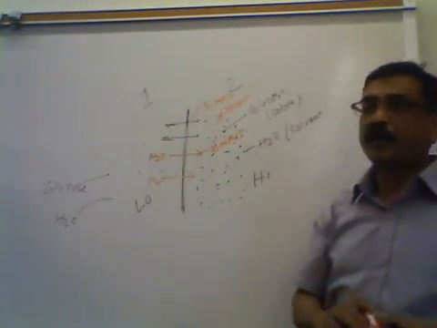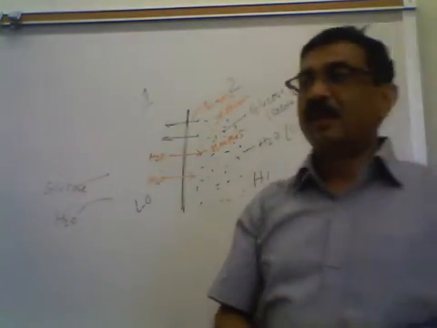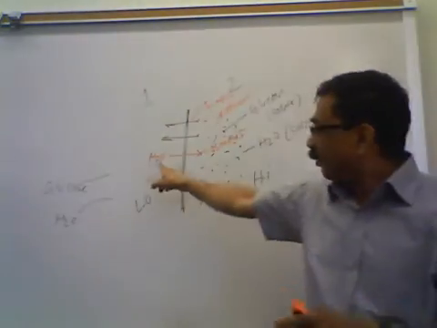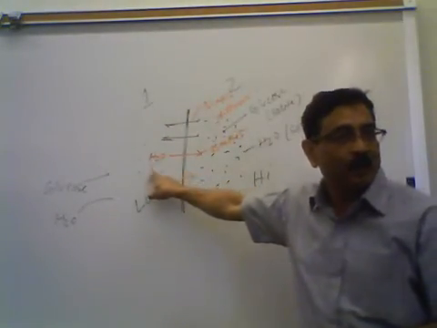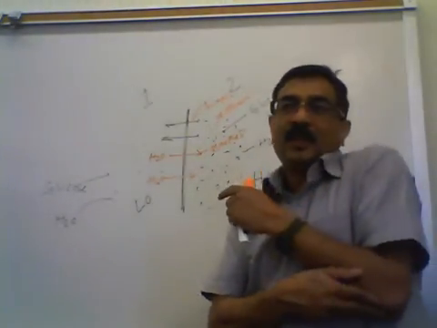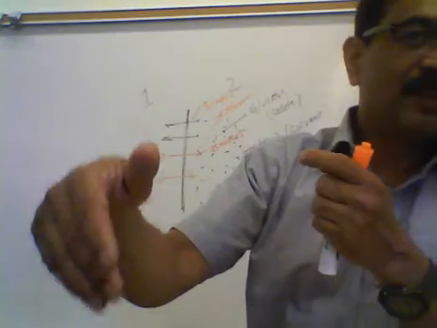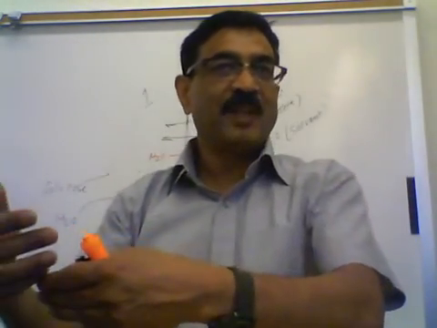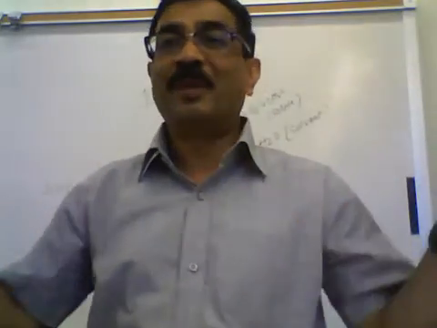Movement of solvent. So solute moves from what? High to low, right? And solvent moves from low to high, opposite. And when the solutes move, that is simple diffusion. When solvent moves, that is osmosis. Make sense?